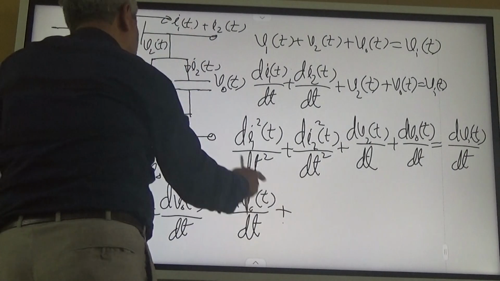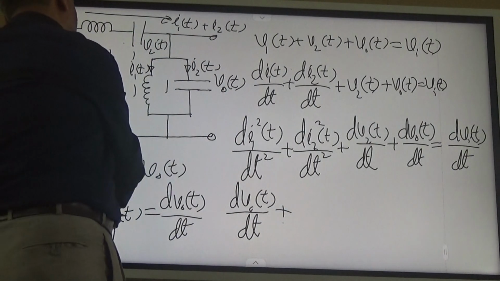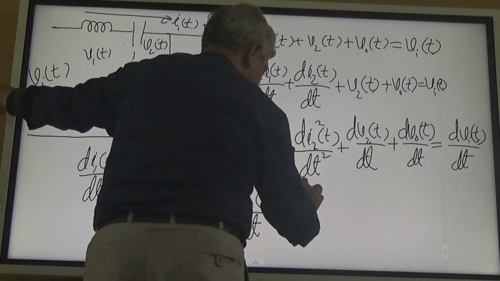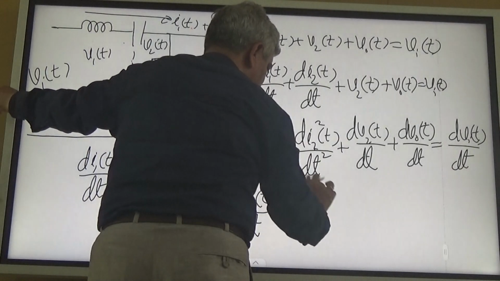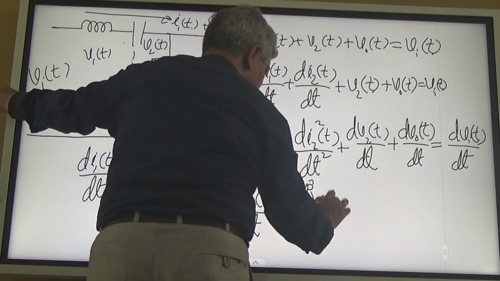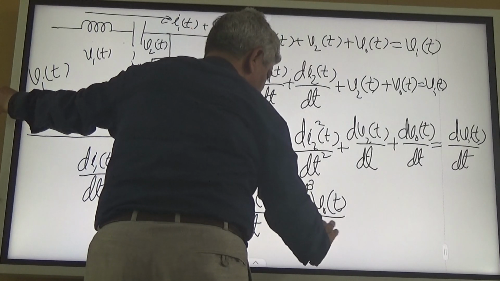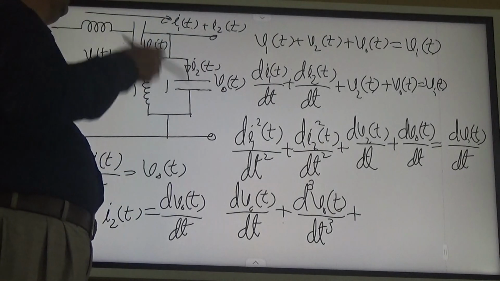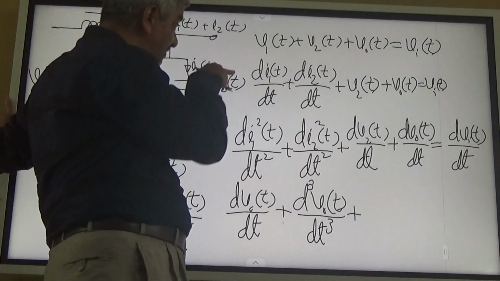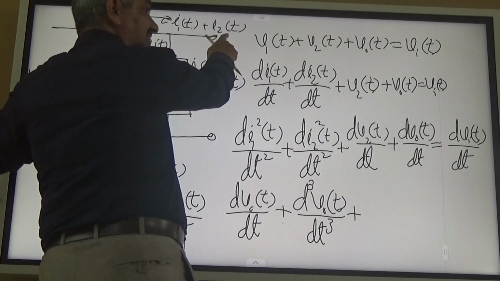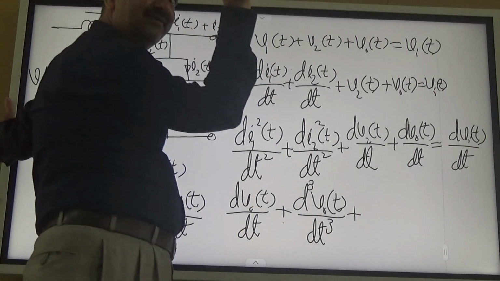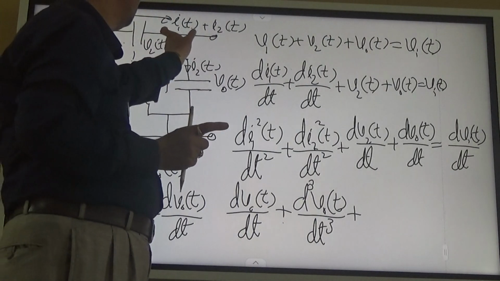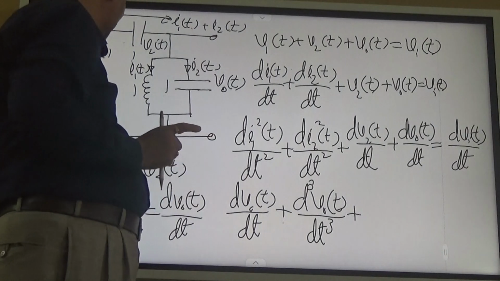Plus now d2I(t) by dt square, I(t) is dV0(t). So it will be the third derivative. What is dV0(t) by dt? dV0(t) by dt is I1(t) plus I2(t), right? This is V2, so dV2 by dt is I1(t) plus I2(t). What is I2(t)?